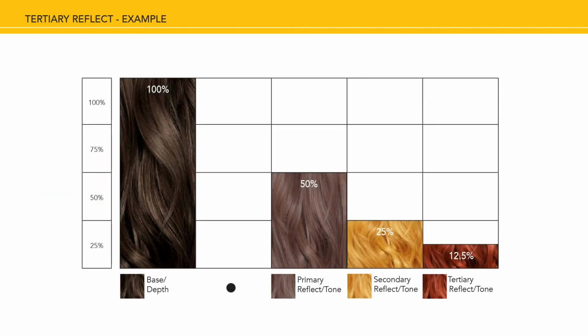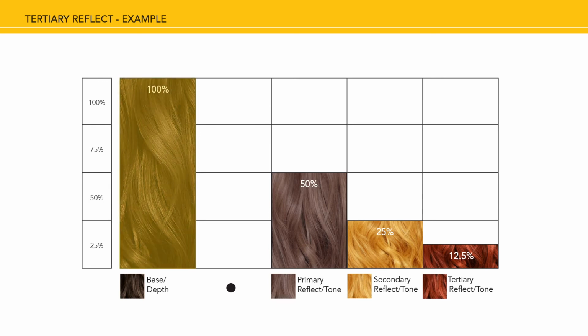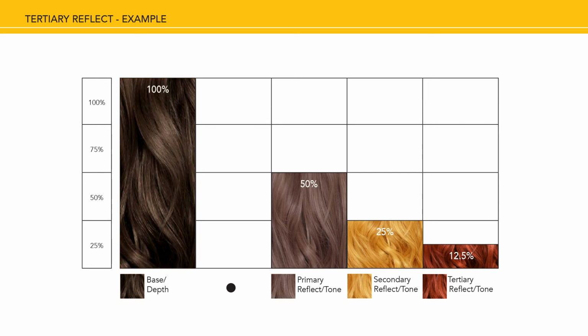Here we have the breakdown chart of our colour shade. To the left of the decimal point, we have our base, how light or dark our shade is at a level 6, a dark blonde. To the right of the decimal point, we have our reflect, our primary, our secondary, and our tertiary of a 0.36.